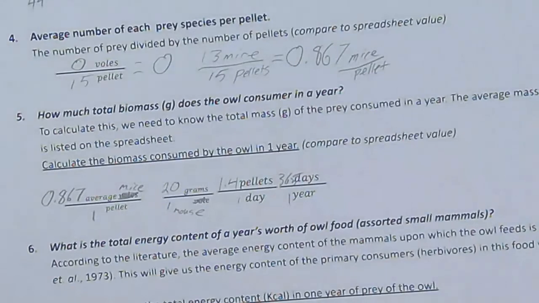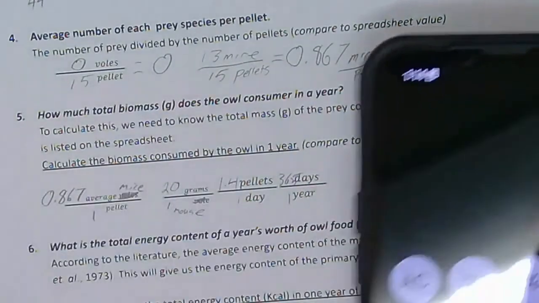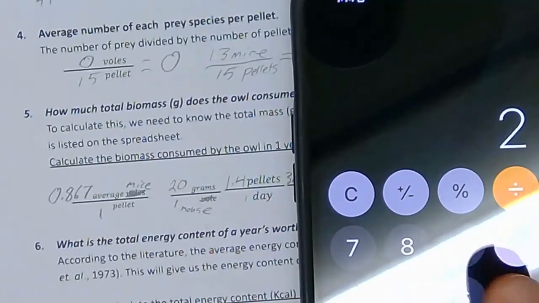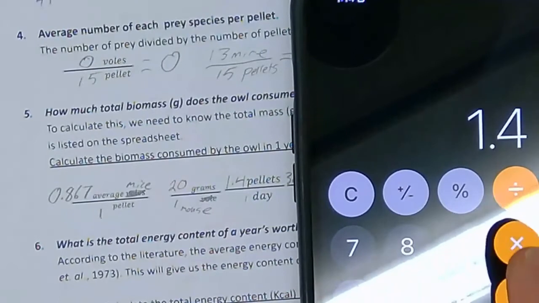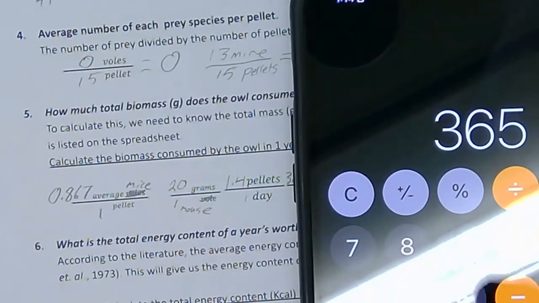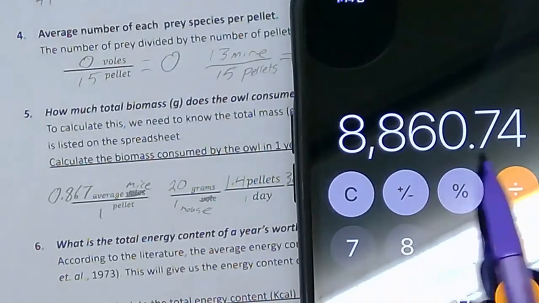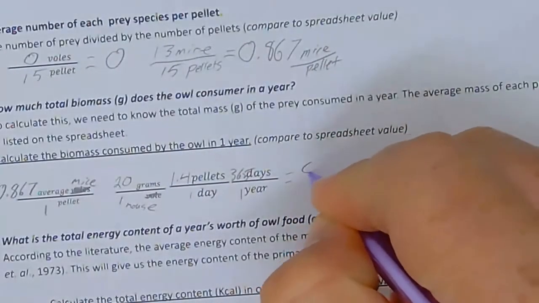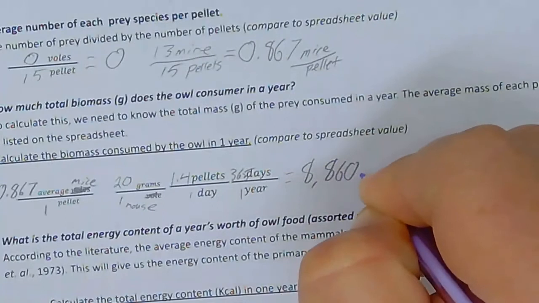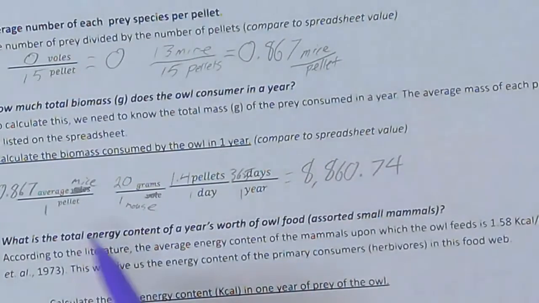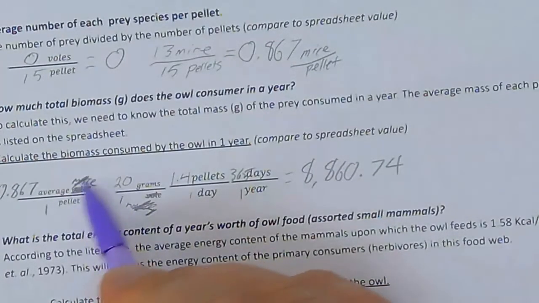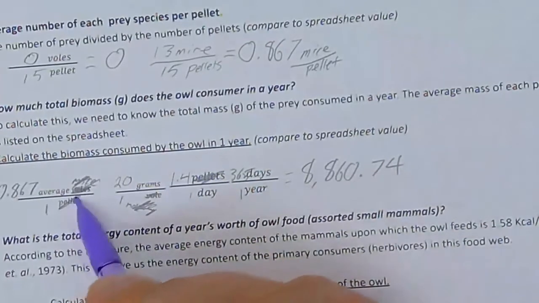So as I look at that, I multiply across the top: 0.867 times 20 times 1.4 times 365 equals 8,860.74. And we go through our units here. We cross out mice, pellet.